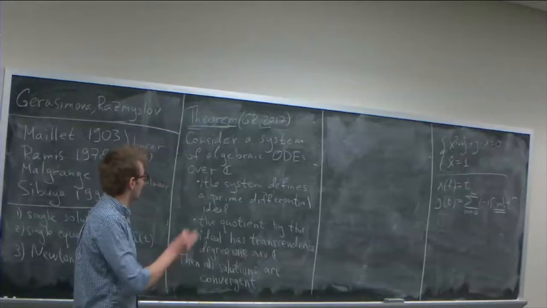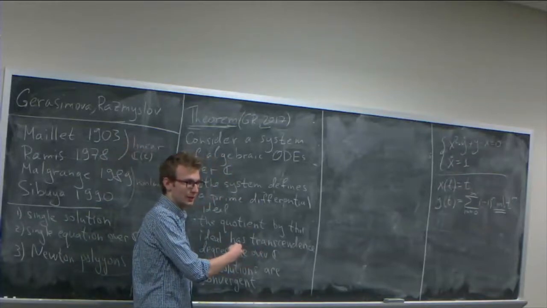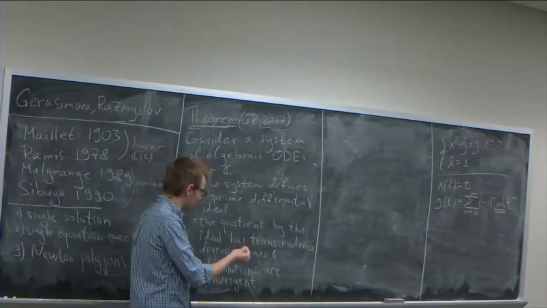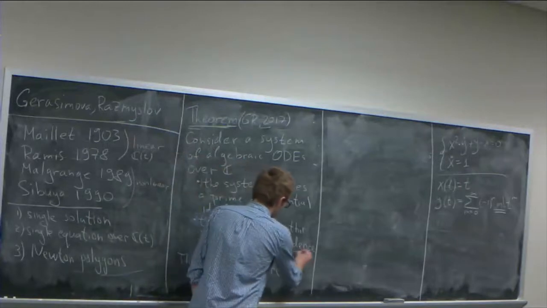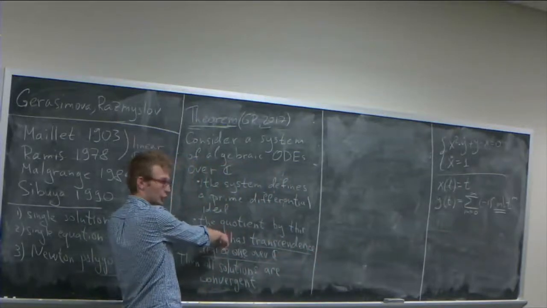So I want now to move to a more differential algebraic setting. Since my main number here is this transcendence degree, I would like to move to this quotient.